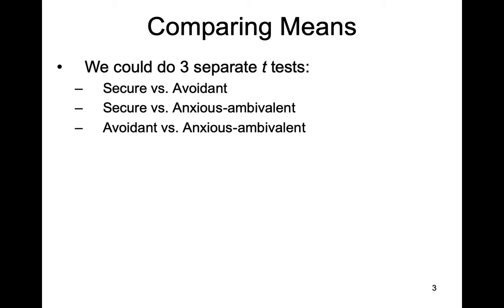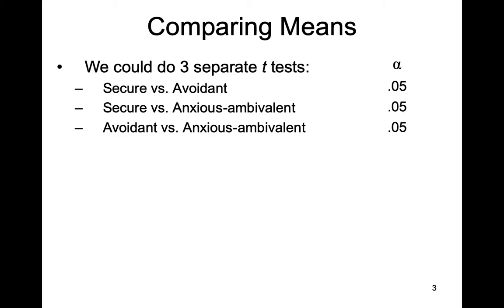So one option we would have is, let's just take some outcome of interest, like the amount of trust these different groups of people report that they have in their current romantic relationships. We could do three separate t-tests looking to see whether there are mean differences between each of the groups. So basically do all possible two-way pairwise comparisons.